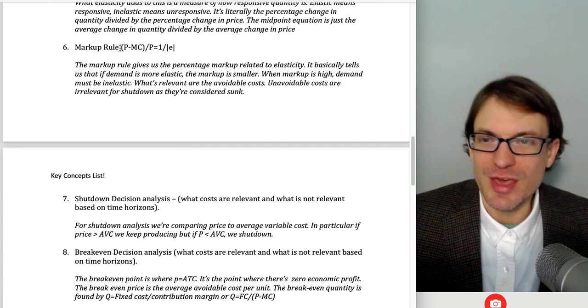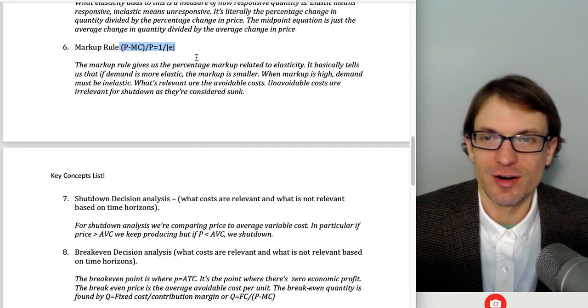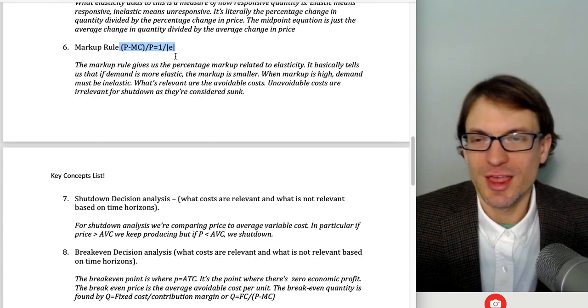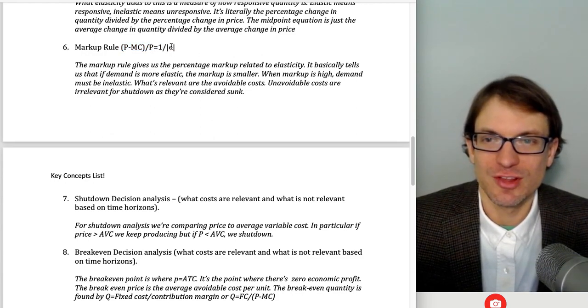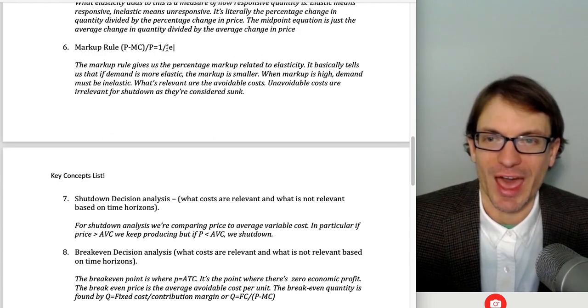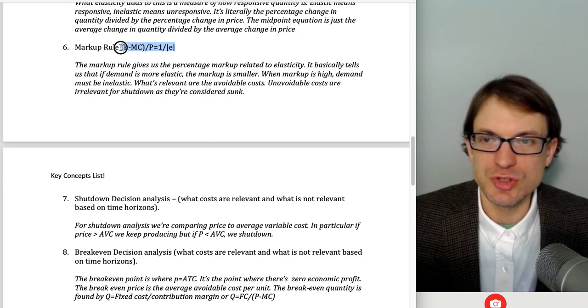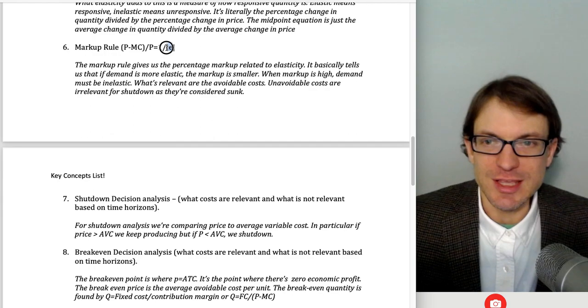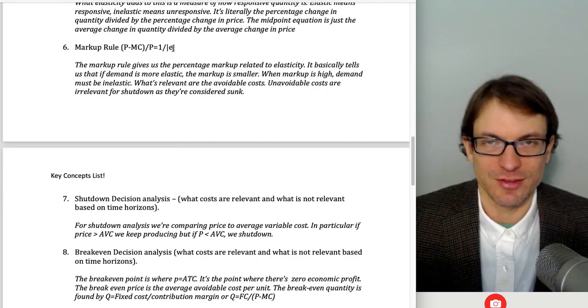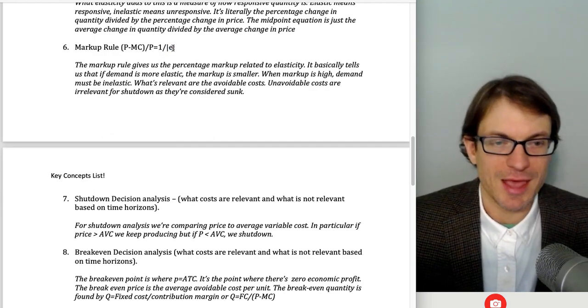But the other thing you can get from the markup rule is that it's actually a consequence of our profit maximization equation. And one thing we can see is that the markup rule is really only useful if demand is unit elastic or elastic. It's not useful where demand is inelastic.